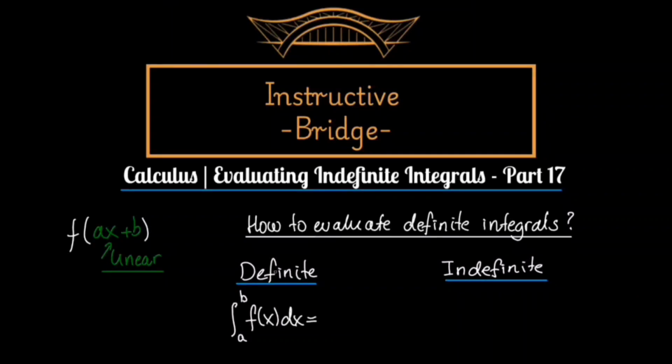Once we compute a definite integral, what we get is going to be a real value. In contrast, indefinite integrals don't have those values, and once you compute the integral, all you get is a capital F of x plus c, which we call the antiderivative function.